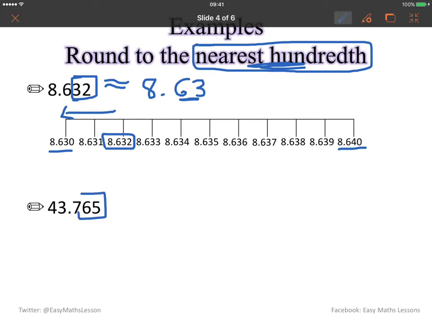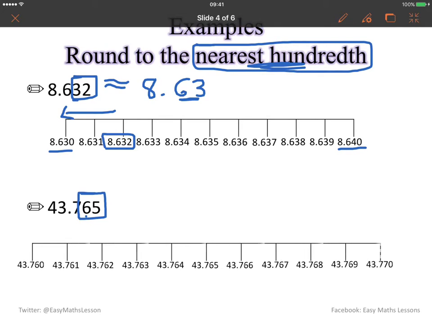So I'm going to look at my hundredth, which is the second decimal, and the one next to it says 65. 65 rounds to 70 because anything 5 or more goes to the next one up. So it's going to round to 70 and therefore 43.77.